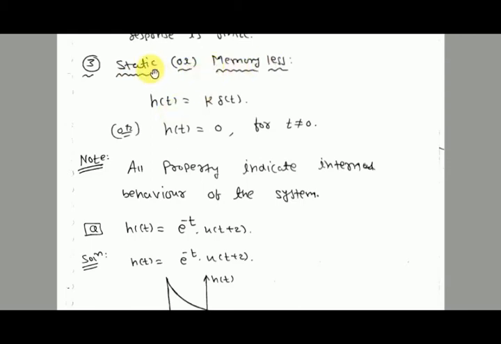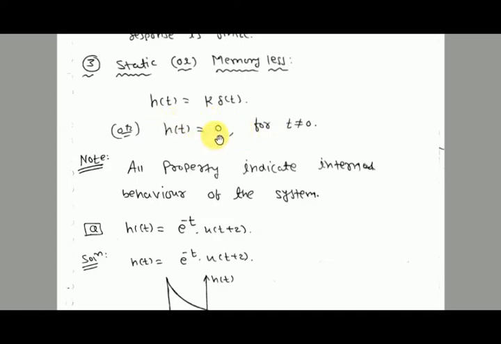A system will be static if the impulse response is in the form of k times delta of t. This means the impulse response should be 0 for all non-zero time, meaning for all t not equal to 0, and it should be non-zero only at t equal to 0.